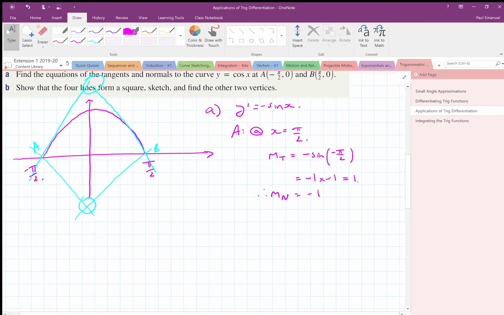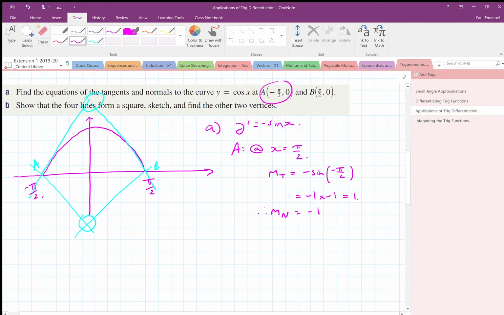And we also need the y coordinate. Oh, well, we know the y coordinate is 0, we're told here. So therefore, the tangent is y equals 1 x plus pi over 2. So y equals x plus pi over 2. And the normal, we just replace the 1 with the minus 1.